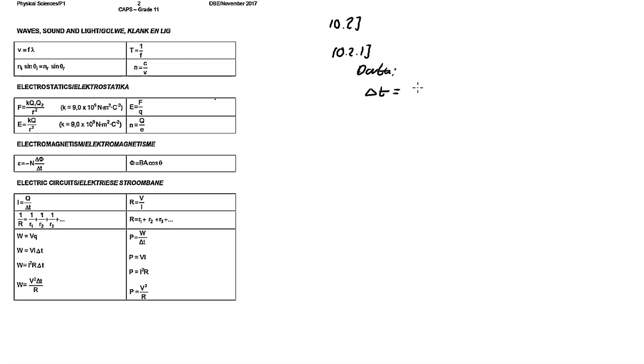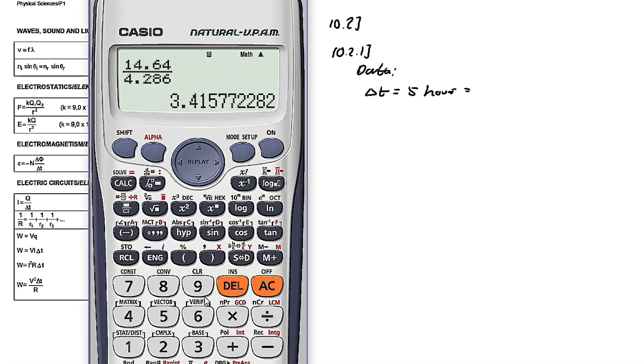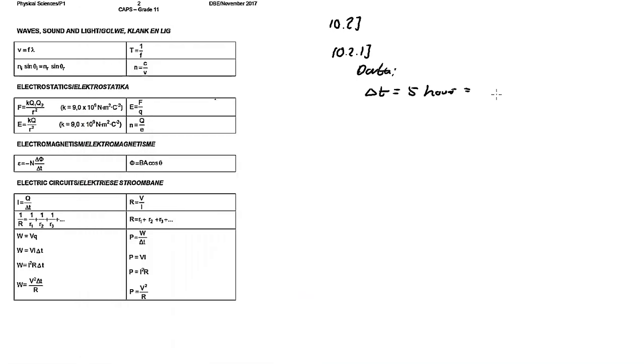Time is equal to 5 hours, but asebenzi ngama hours kulo kanje ku physics. We need to convert this to seconds. So it's 5 times 60 times 60 inginikeza 18,000 seconds. Voila. So ngifuna calculator.